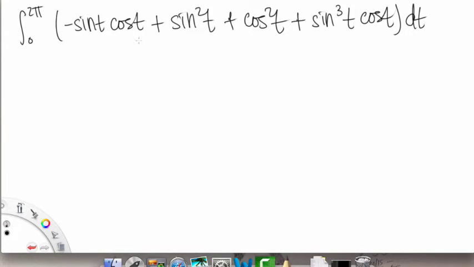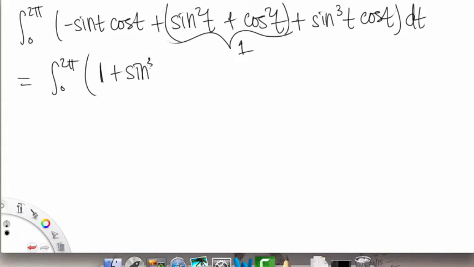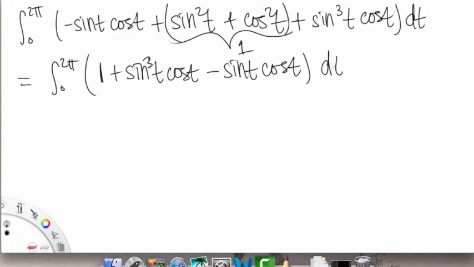So this looks like a lot, except that here's the useful identity, that this all equals 1. So we can simplify this into 0 to 2 pi of 1 plus sine to the third t cosine t minus sine t cosine t.